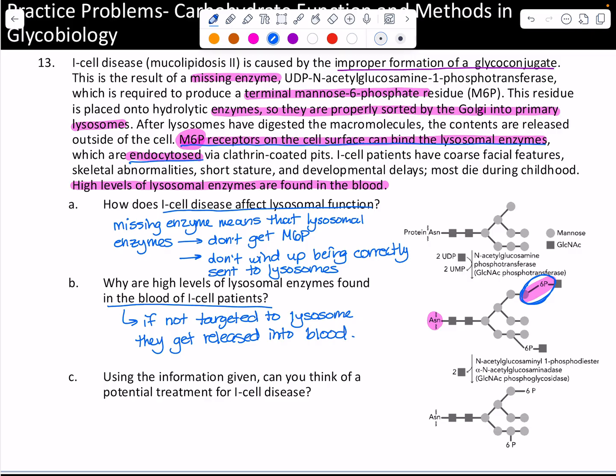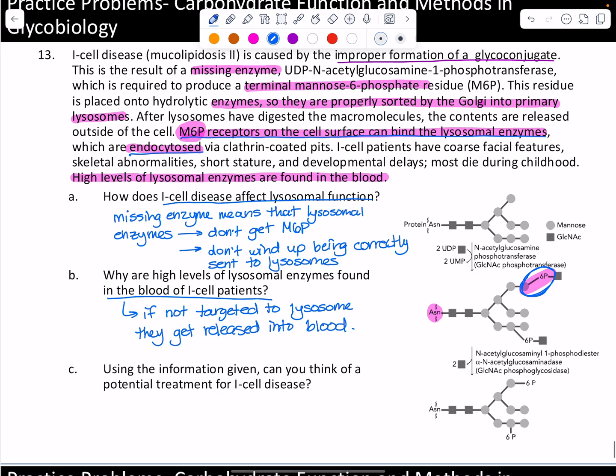All right, so knowing what we know and knowing how this disease works, how could we potentially treat this disease? One of the problems is a missing enzyme, right? So the key thing we would need to do is somehow replace the missing enzyme. Maybe we could do this through gene therapy, right?